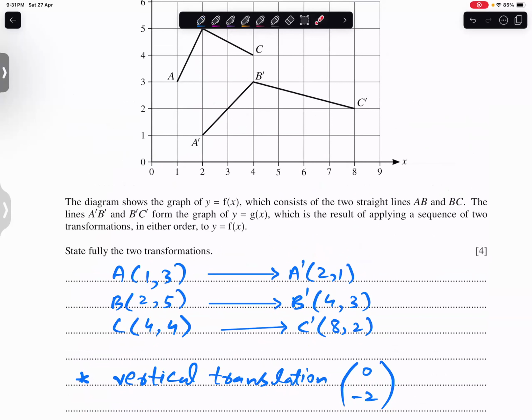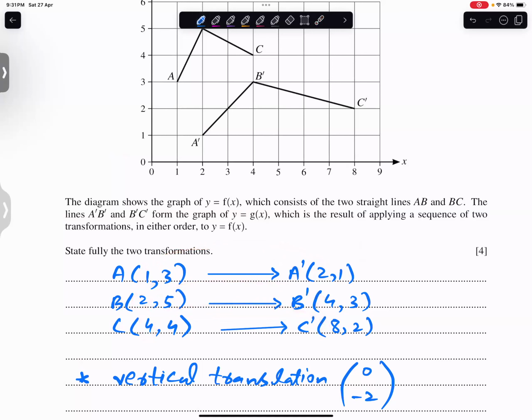To see that, let's see first of all the horizontal stretch. If you see, 1 becomes 2, 2 becomes 4, 4 becomes 8. So it means every x coordinate is multiplied by 2.